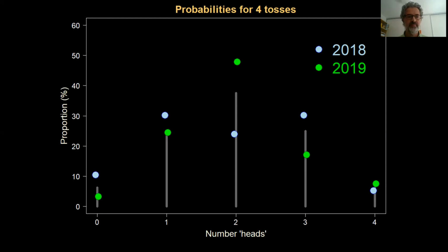And the proportion of people who got 3 times tails, once heads, and so on. In 2018, 2 of each, 3 times heads, 4 times heads. And in 2019, this is the proportion of people who got all tails, here all heads, 2 of each, and so on. So these are actual data taken from previous years.